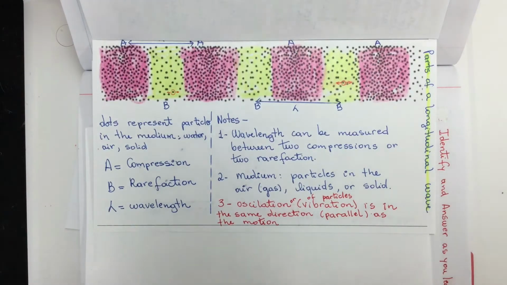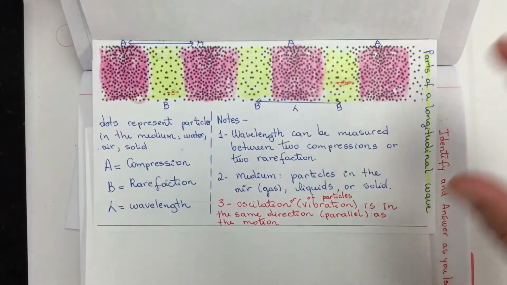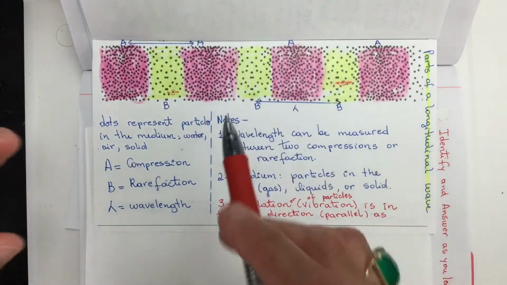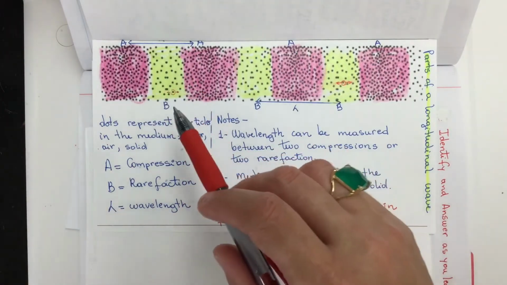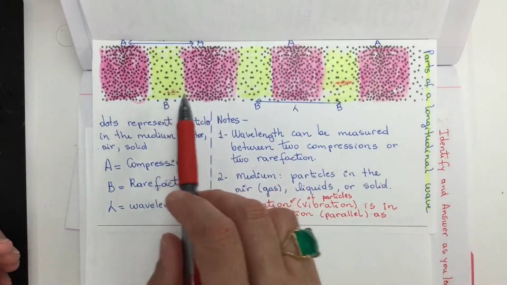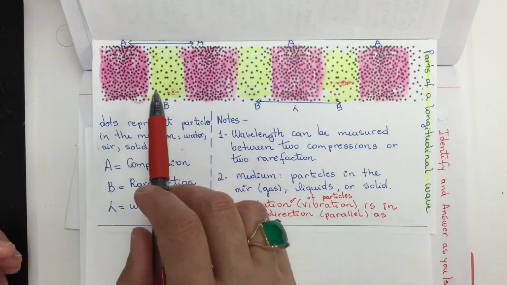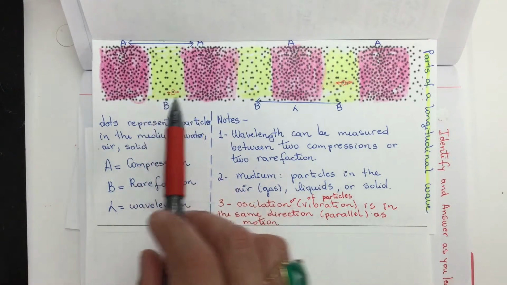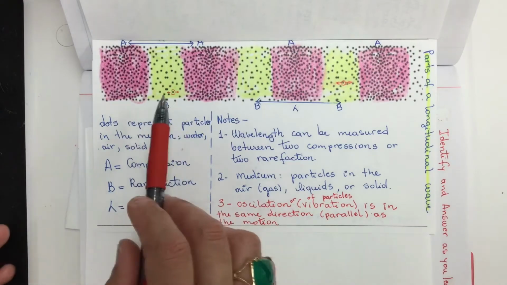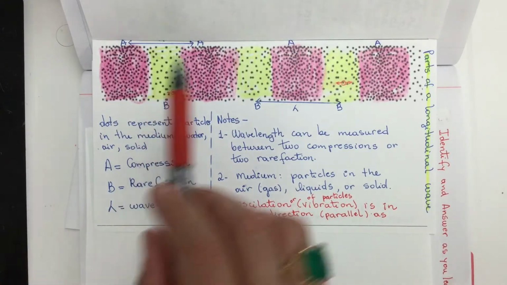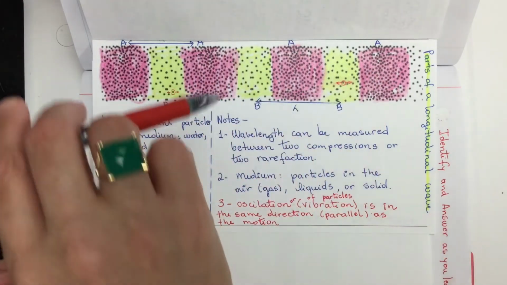Also, sound waves are longitudinal waves, which means the particles in the medium are going to move to the right, to the left, to the right, to the left, or more commonly, back and forth with the direction of the motion of the wave.